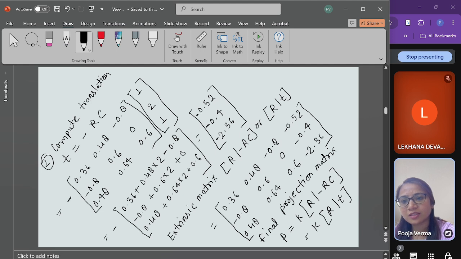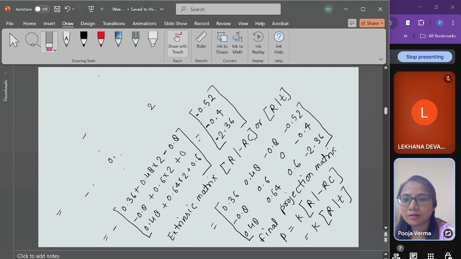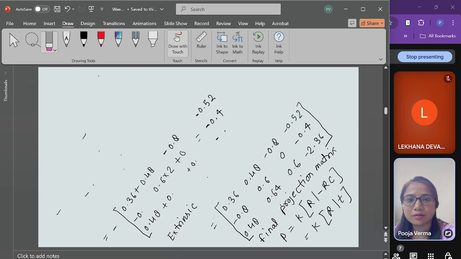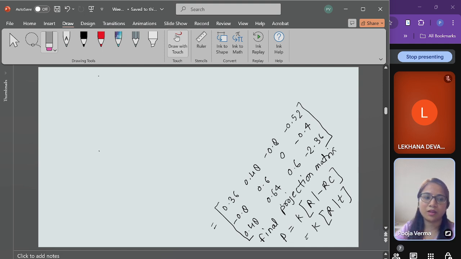So now next step is to calculate the final projection matrix. So just remove it from here. So just, brain is not working.